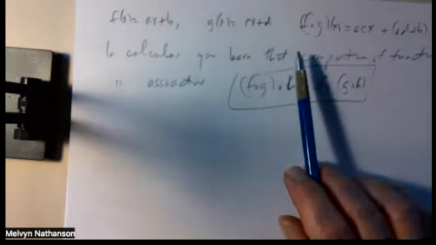So that happens if and only if ac is equal to 1, which means c is a inverse, and ad plus b is equal to 0. There's no constant term. So d is minus b over a, and a is non-zero, so this is okay. So f inverse of x is 1 over a times x minus b over a.